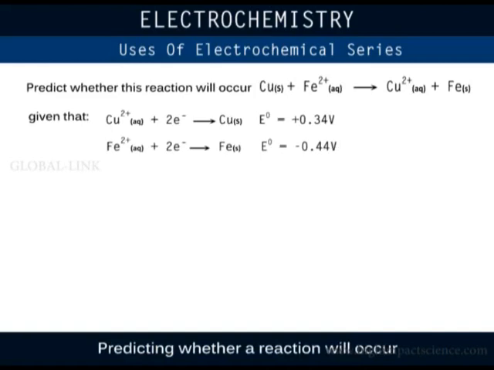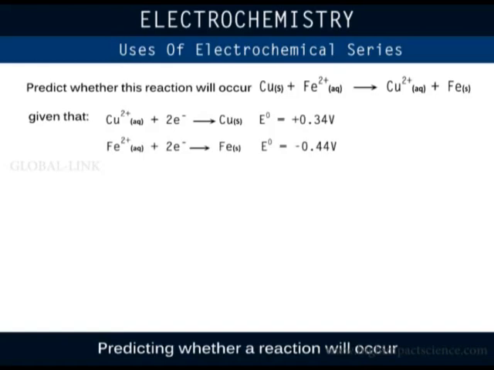Copper plus iron 2 ions equal to copper 2 ions plus iron. Given that these are the reduction potentials for copper being plus 0.34 volts and for iron being negative 0.44 volts. This equation suggests that copper displaces iron from its solution. So we want to predict whether that can happen.